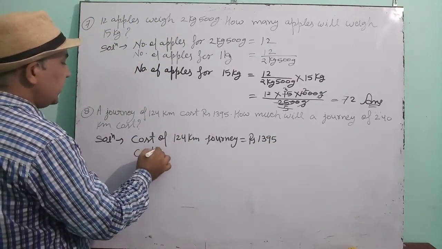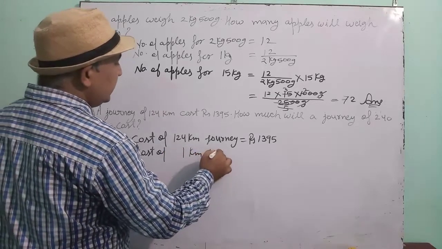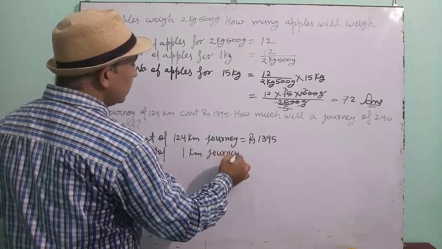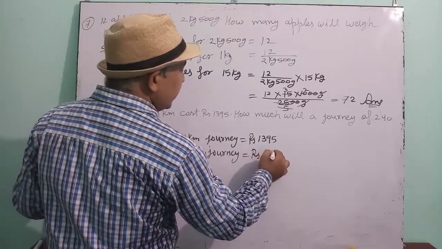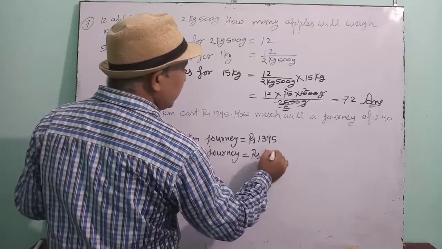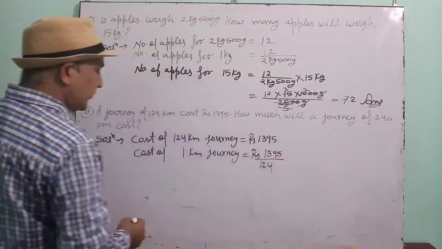So from here you can find the cost of 1 km journey. 1 km journey will be less cost. That is why 1395 will be divided by 124.